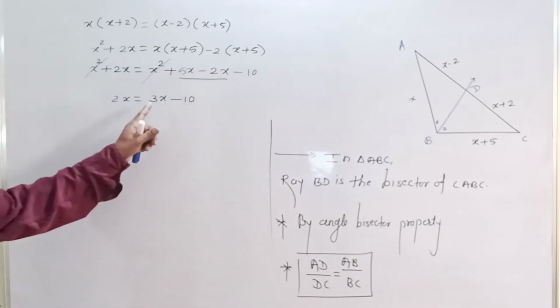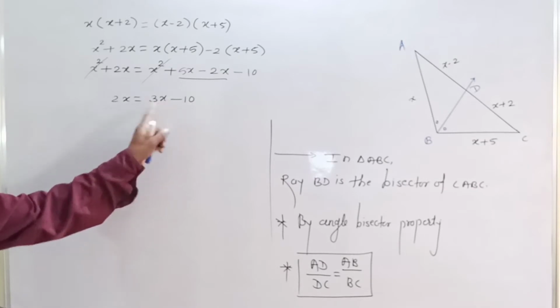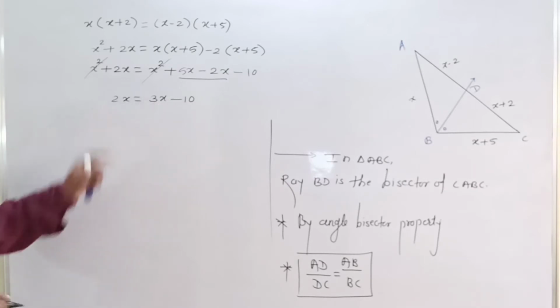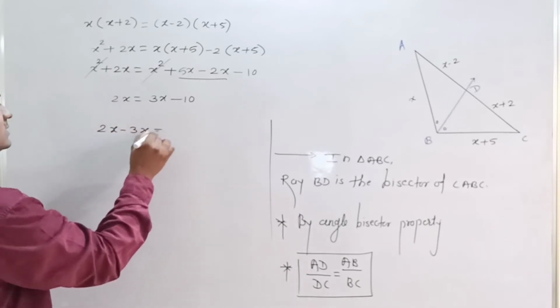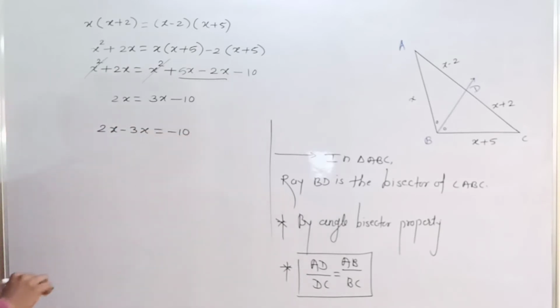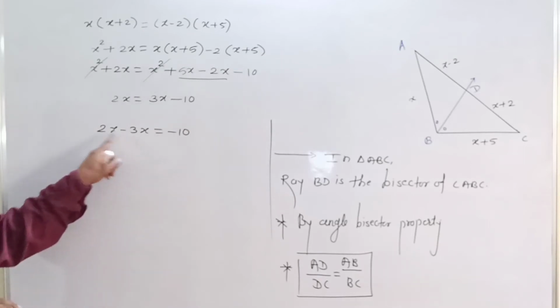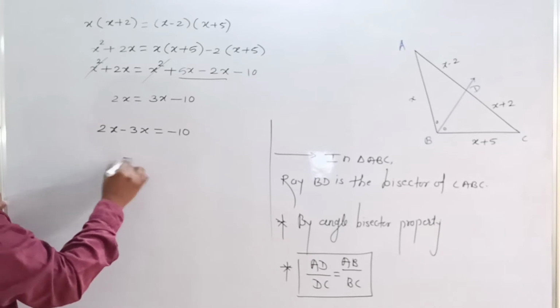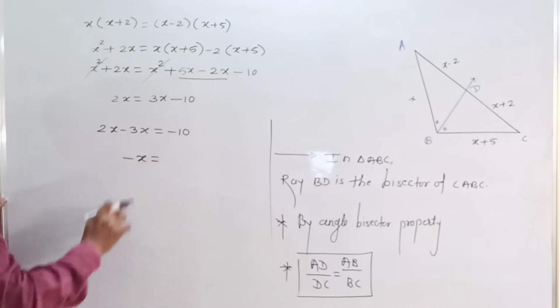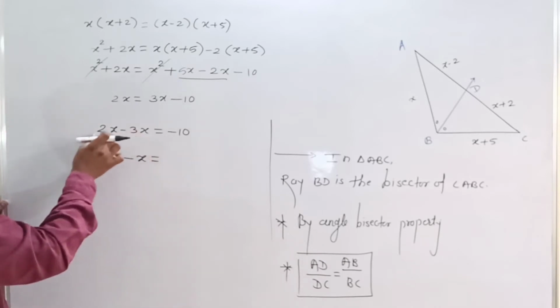So we have to find out the value of x. Transfer this 3x to the LHS, and that will be 2x minus 3x is equal to minus 10 as it is. Now 3x minus 2x, this will be a minus. So the answer will definitely be minus x. Why? 3x minus 2x.